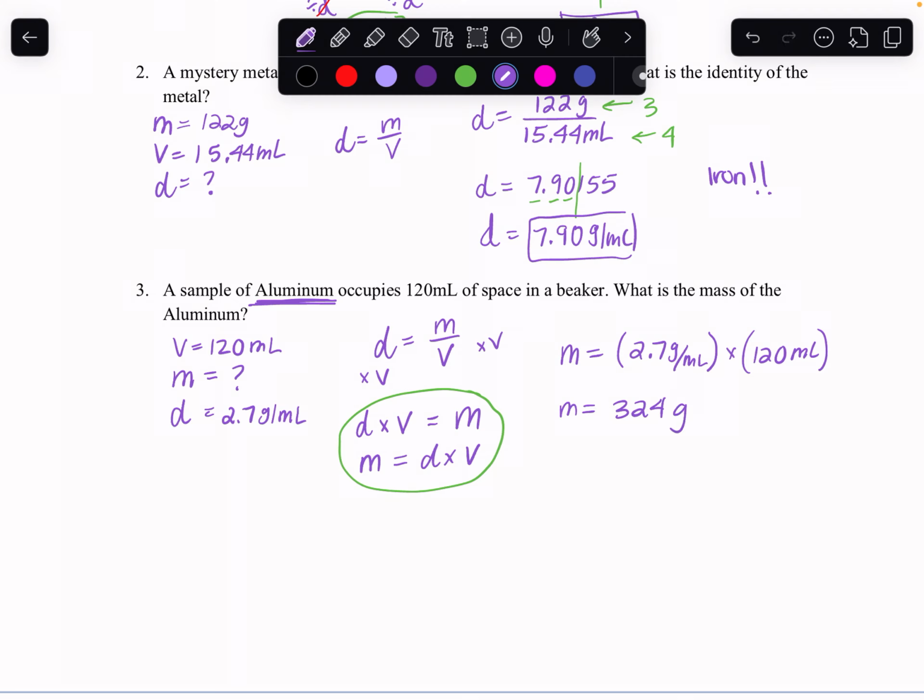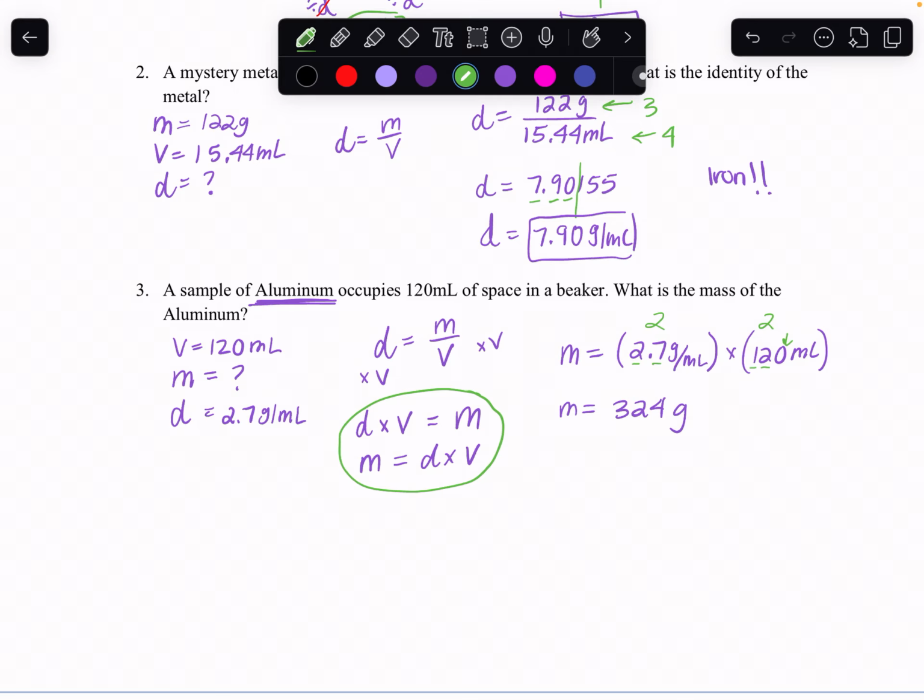Again, let's make sure we have the correct amount of sig figs. Looking at my two numbers, 2.7 has 2 sig figs, and 120 also has 2 sig figs, right? This trailing zero is not significant because there is no decimal point. So ideally, my answer will be rounded to 2 sig figs.